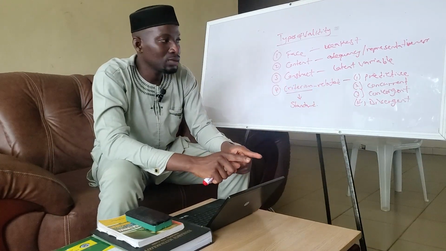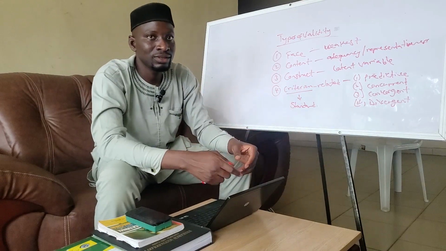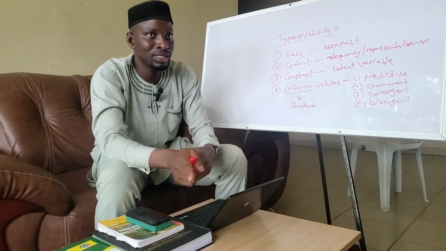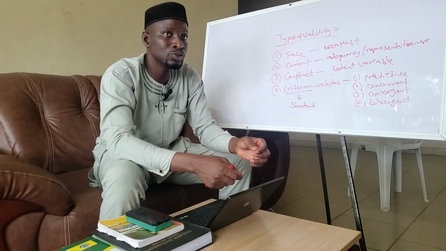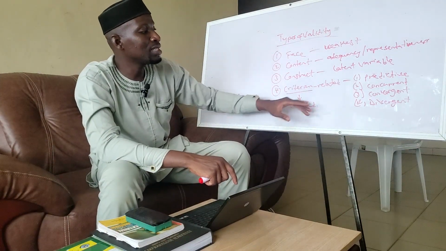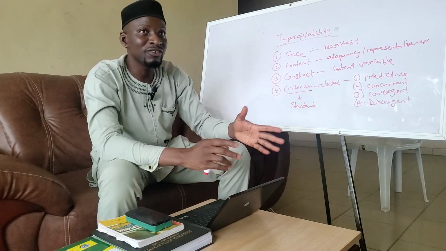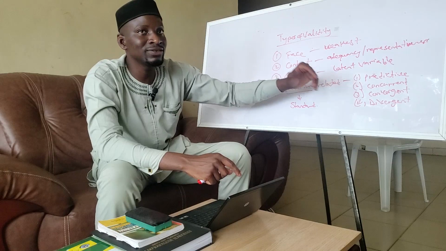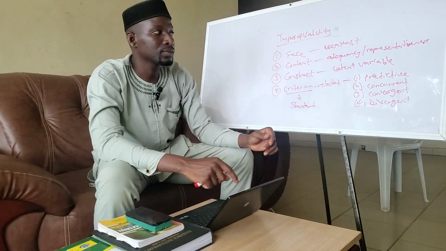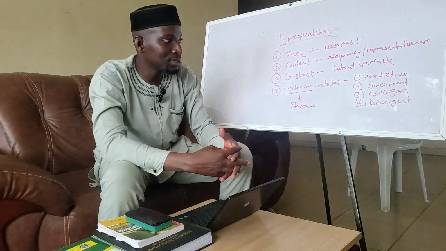You are trying to compare the scores obtained from those tests almost at the same time. Similar to simultaneous equation. Even in simultaneous equation, you will solve one before the other. So that implies that concurrently, you are comparing a test with a standard one almost at the same time, one after the other, but very, very close. Unlike predictive, that has to do with future. So predictive has to do with future, concurrent has to do with almost at the same time.